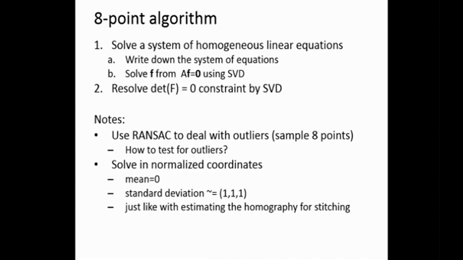So before solving for the fundamental matrix, you want to normalize all of your points by subtracting the mean and dividing by the standard deviation. And then we can use RANSAC to solve. If we've got a set of corresponding points and some of them might be outliers, then we use RANSAC to remove the outliers and solve for F based on the inliers.